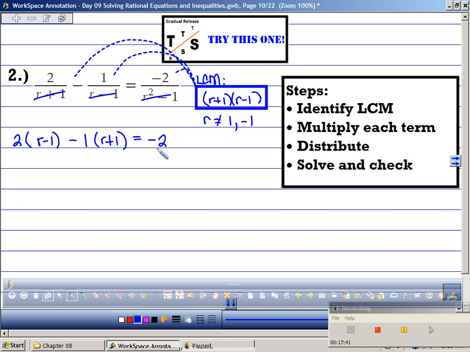Well, just the negative 2. Yeah. Okay. All right. So when I distribute, I get 2R minus 2 minus R. Make sure I see that subtraction sign. Minus 1 equals negative 2. 2R minus R is just R. Negative 2 and negative 1 is negative 3.